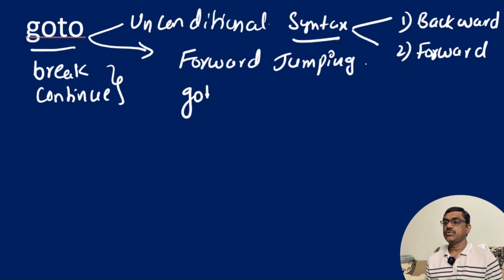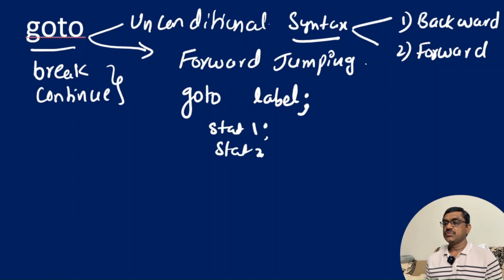I am writing goto. Goto is the keyword. Don't give any space between go and to. After goto, you mention any label. Here you can use a constant or characters, or a string that is treated as the label. goto label; semicolon, and here we have some statements, say statement 1, statement 2.